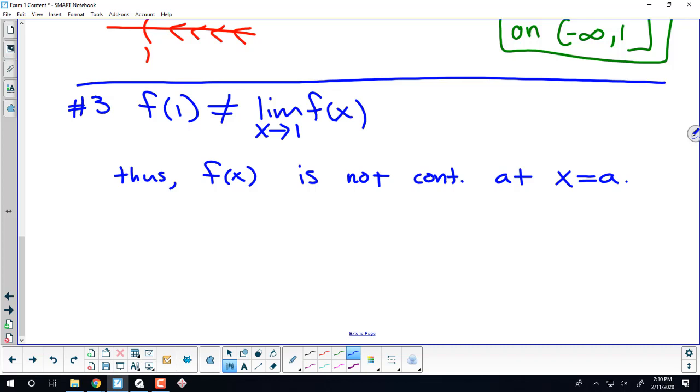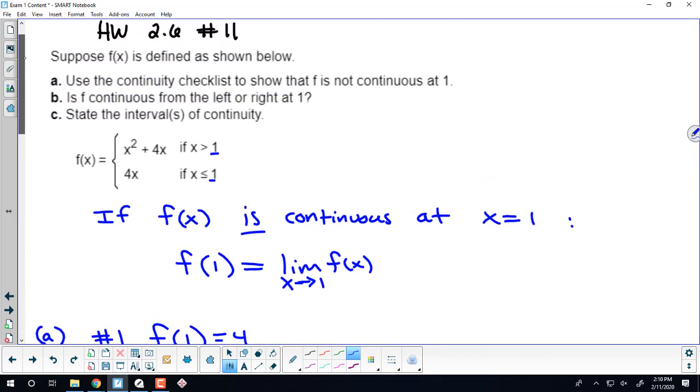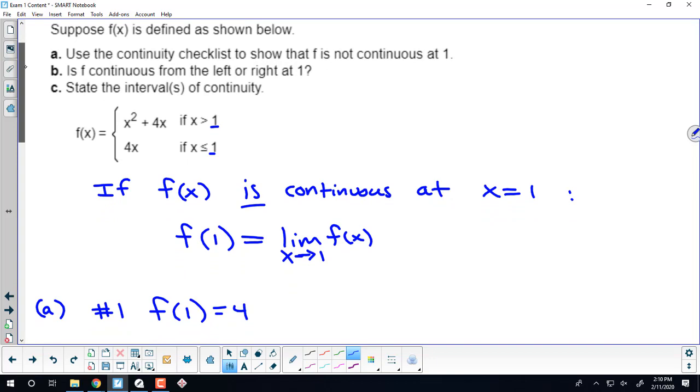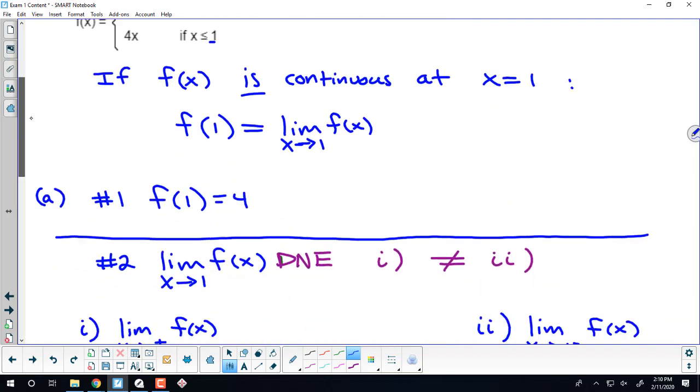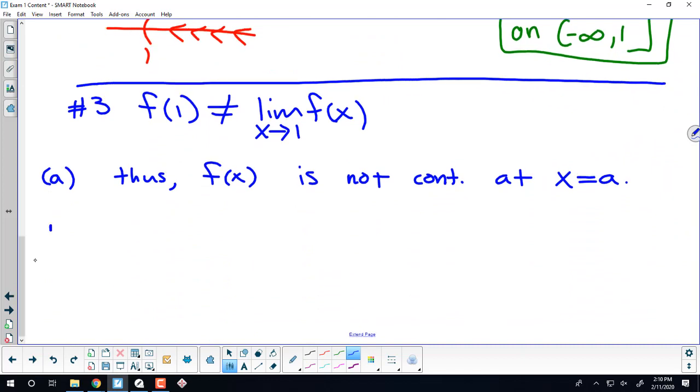If that's all we had to show, then you don't have to show all of this work, right? But we also wanted to show the intervals of continuity, which involved showing the red and green up above. So I guess that's part A, just to condense all of this. Is the function continuous from the right or the left at 1? We said that it was continuous from the left at 1.